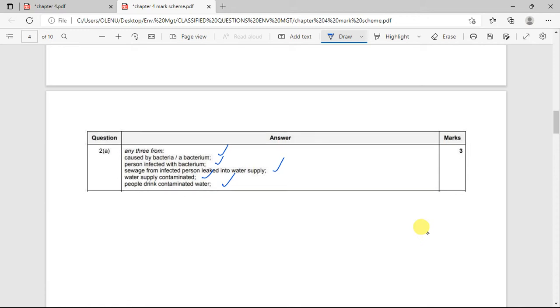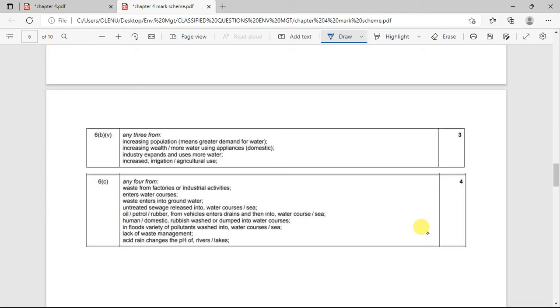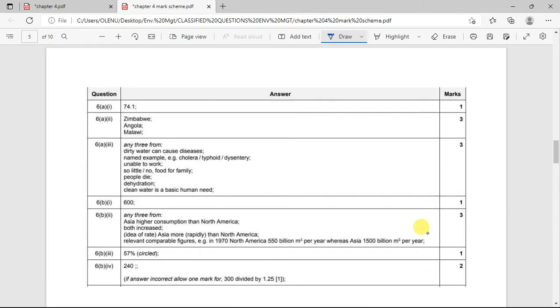So let's just have a quick browse. It causes diseases, such as cholera. You'll be unable to walk. No food for the family because water is needed for agriculture. People will die from it, and it leads to dehydration. Clean water is a basic human need.